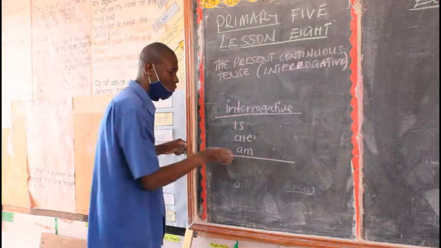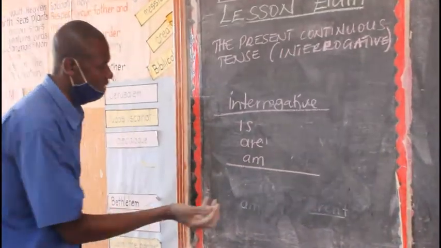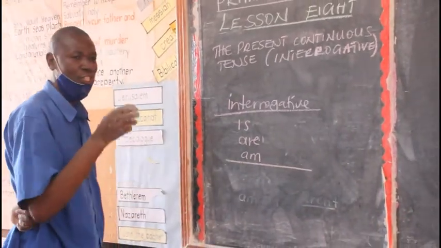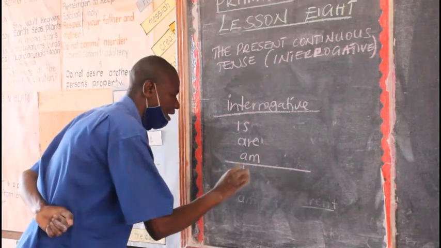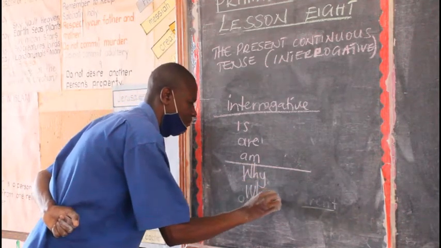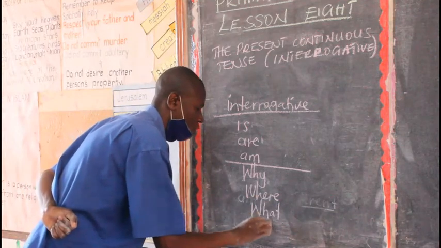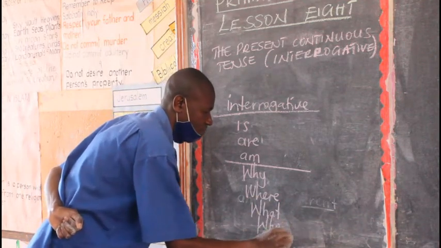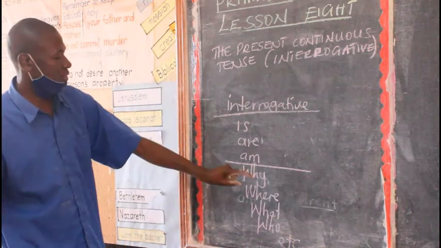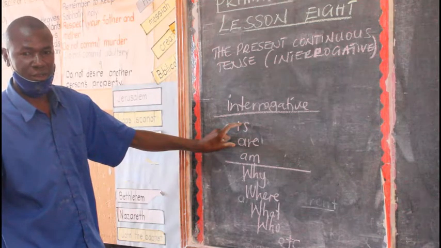Then we talked about what we call interrogative pronouns. Interrogative pronouns are the same as questioning words, like why, where, what, who, etc. So these ones are called interrogative pronouns and these ones are called helping verbs.